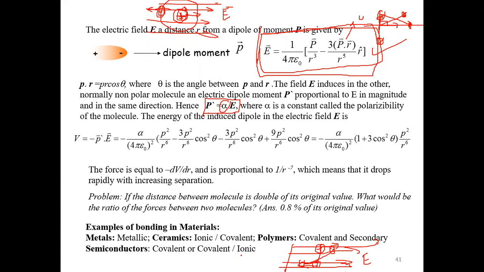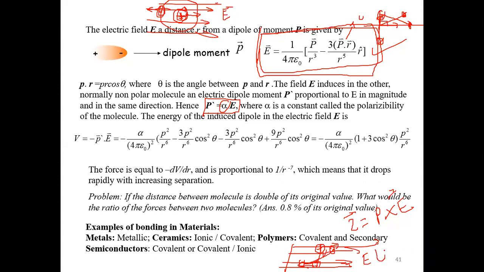We know that the torque tau equals P cross E. So tau is like an angular force. Due to that tau, it will rotate through a certain angle theta.